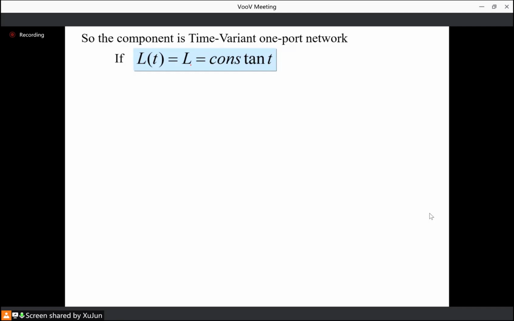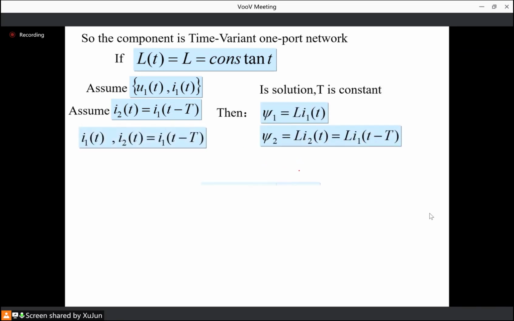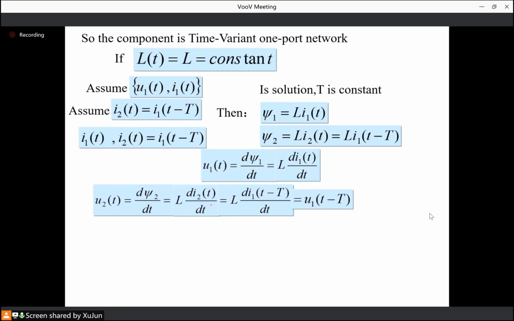If L(t) is a constant L, we can assume U1, I1 and U2, I2, where I2 is the I1 delay. U1 equals L di1/dt, and U2 equals L di2/dt.